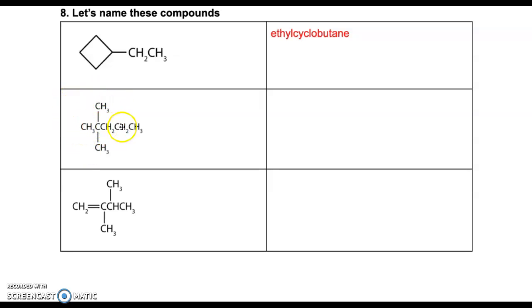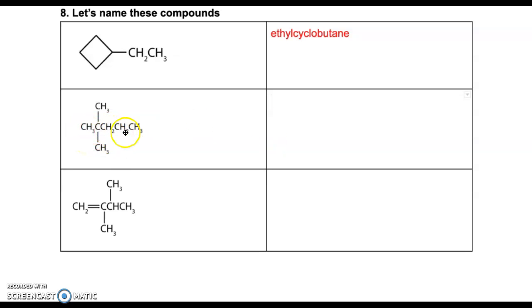And this from left to right is going to be more desirable because your methyl groups will be on carbon 2 instead of carbon 5, right? So we have two methyl groups and the parent name for this molecule is going to have 5 carbons.